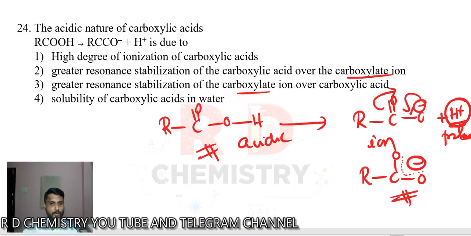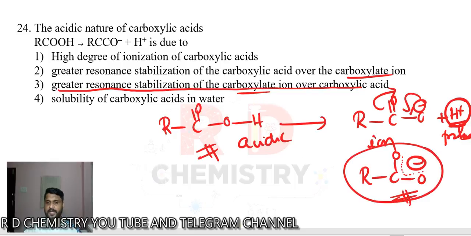So therefore the answer is option number 3, greater resonance stabilization of the carboxylate ion over the carboxylic acid. When this carboxylate is stabilized, it will not take a proton H plus easily and does not undergo a backward reaction. The more the resonance stabilization, the more this H plus ion becomes free. Okay, so the answer is option number 3.